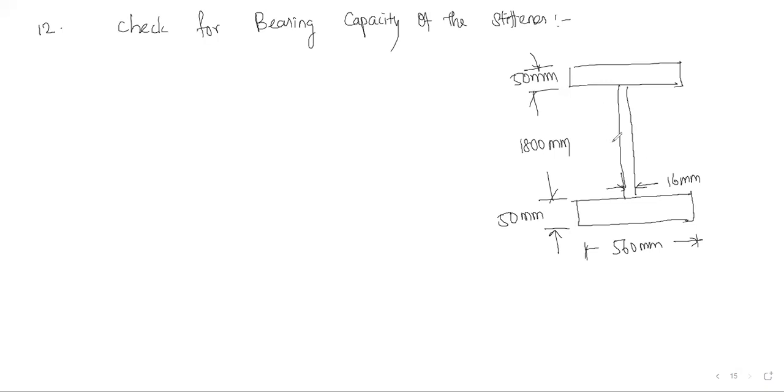So here I am going to do the weld. After doing the flange and the web plate connection, then I have to go for the stiffener plate. So I will try it in a separate class.